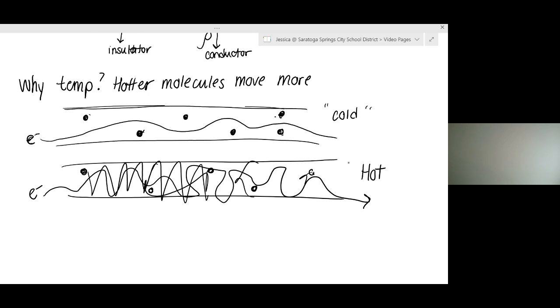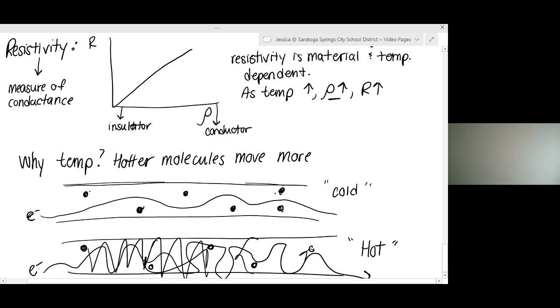In a hot hallway, let's say all these people are just running around in random directions. Definitely going to be much harder for you, the electron, to get through, because you're not going to be able to pick one path and stay on it. You're going to have to constantly be changing your path. You might run into people, right? So that's why temperature can affect the resistivity and therefore the resistance of a specific material.